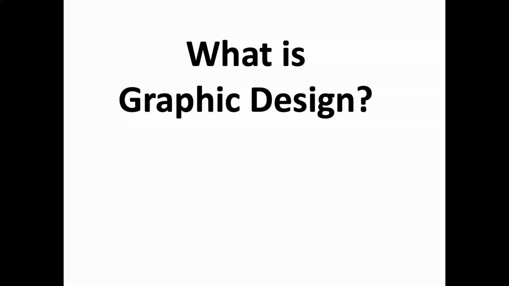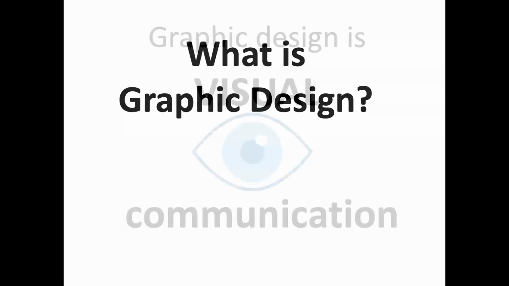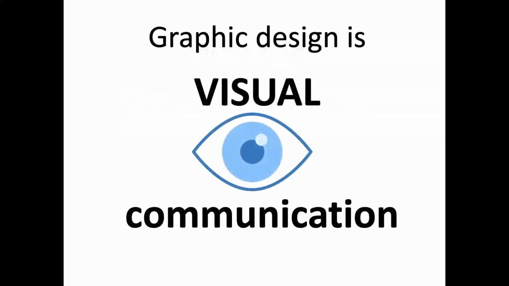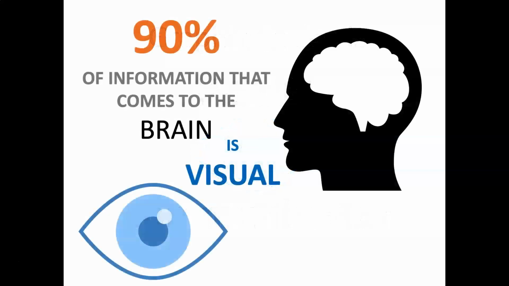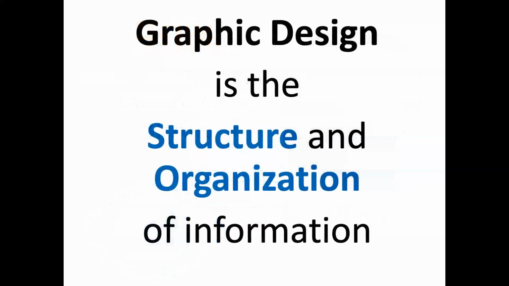So let's talk about the big thing, graphic design. What is graphic design? Graphic design is visual communication. 90% of the information that comes into your brain is visual. Graphic design is also the structure and organization of that information.